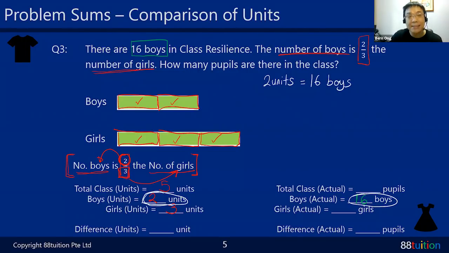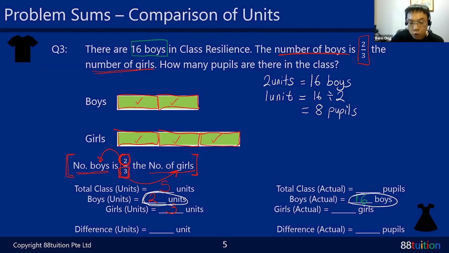So they are the same thing. If they are the same thing, you can compare them fairly. Boys and boys, nothing wrong with that. Go and find your 1 unit. Always look for your 1 unit. So 2 apples, $16; 1 apple, 16 divided by 2. Please write this statement, 16 divided by 2. Show your teacher that you actually know what is happening. It's 8. We can say 8 pupils.